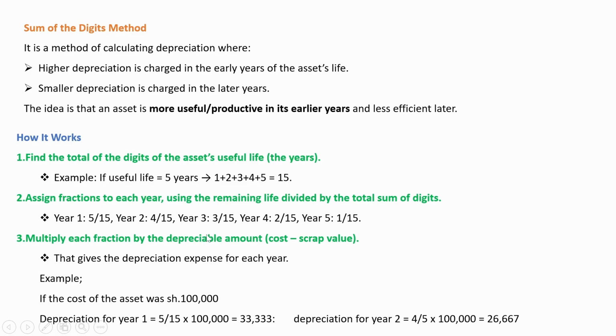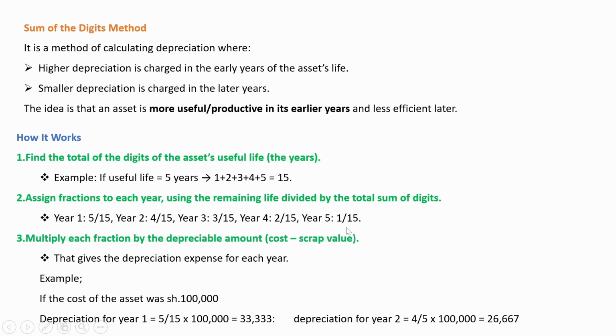You do the same with year 3. Remember, in each year the useful life is going to be reducing by 1 year, but the denominator is still going to be constant, which is the sum of the digits, in this case 15. So in year 1 it was 5, in year 2, 4, in year 3, 3, in year 4, 2, in year 5, 1.